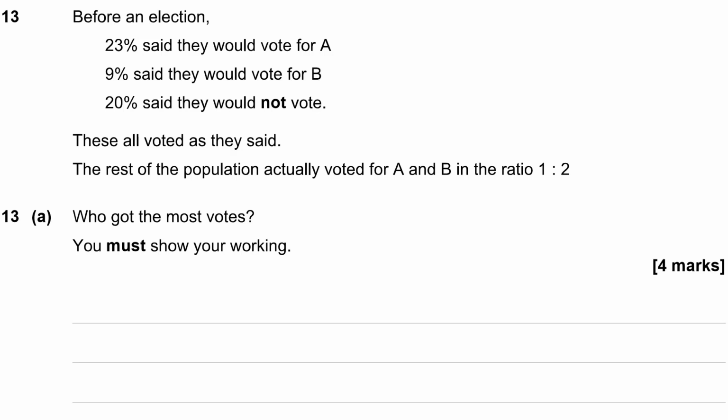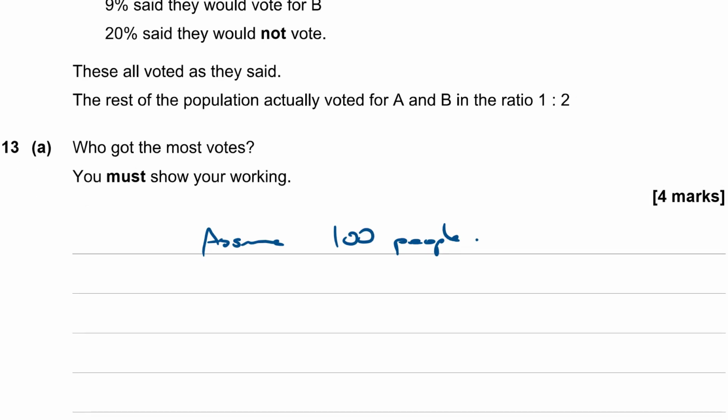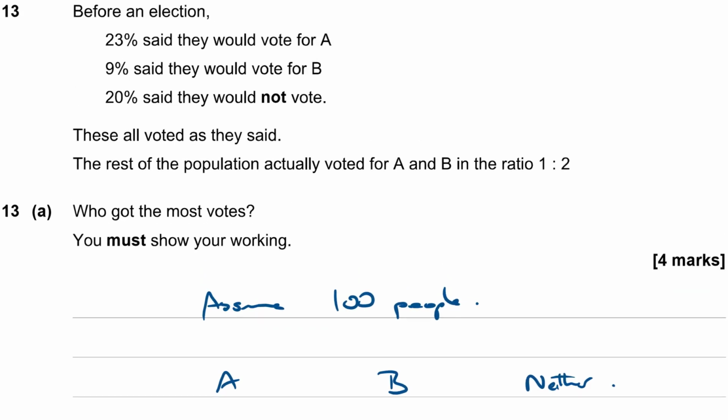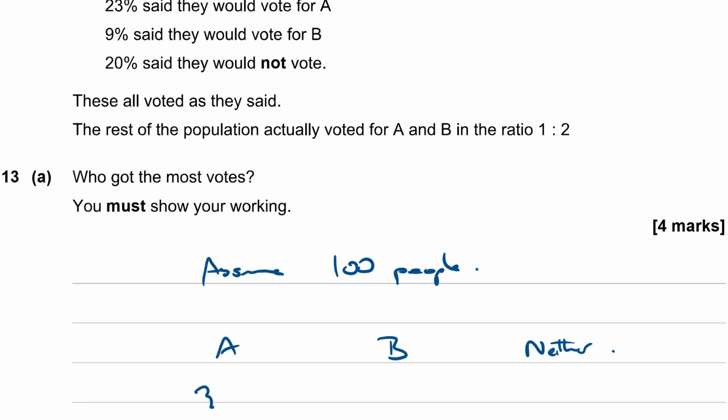So assume you've got 100 people. Then what have you got? You've got 23 people voting for A, 9 people for B, and 20 not voting.